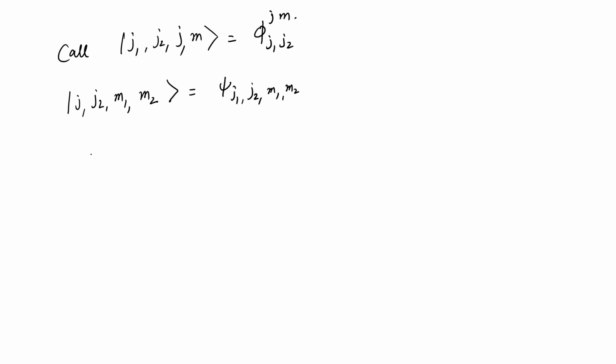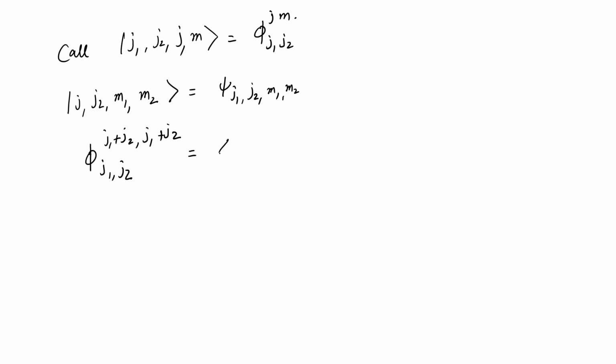So, your phi of J1, J2 and J1 plus J2, J1 plus J2 is the maximal state.